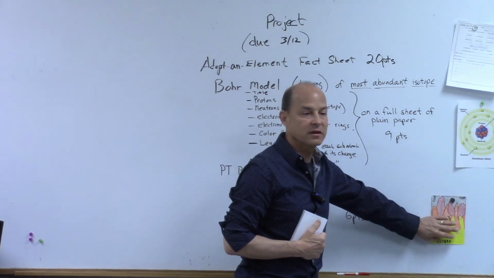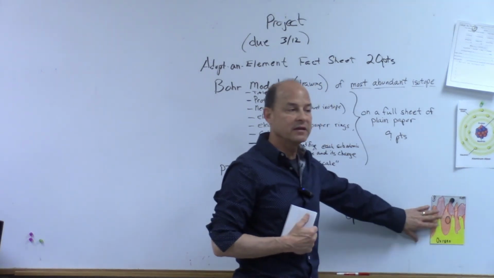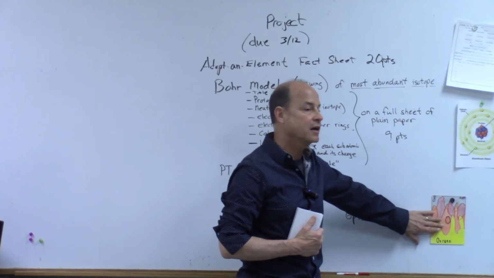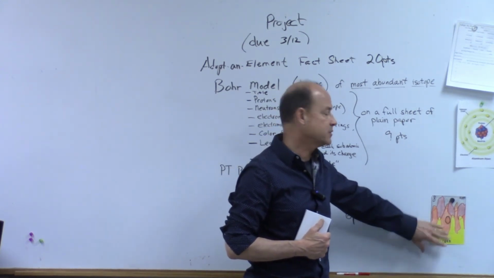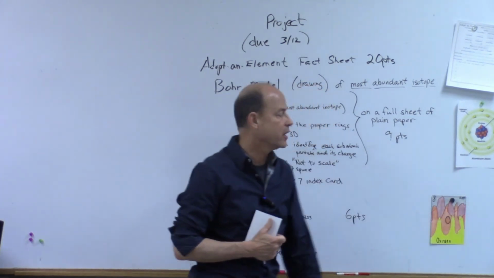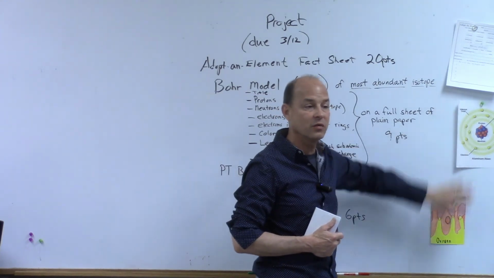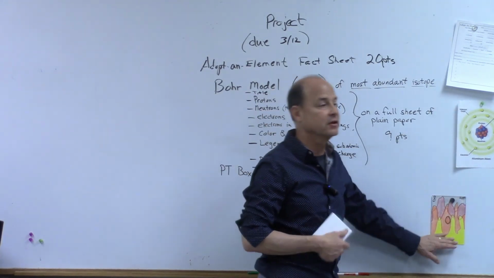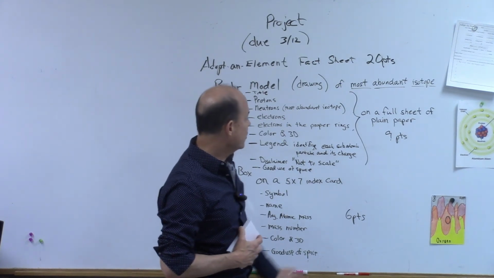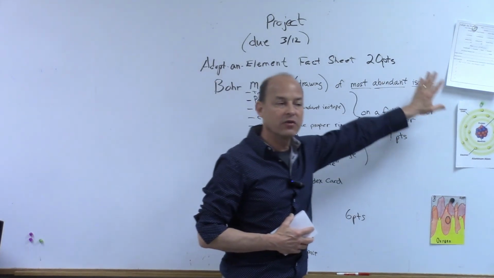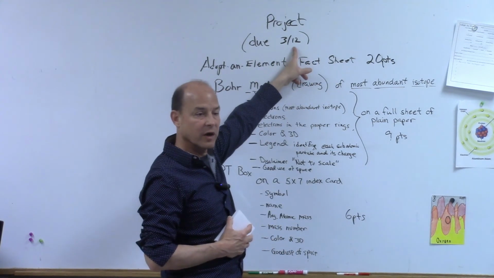And give me some color. A lot of people made these kind of thematic. So oxygen is an oxidizer. It causes fire to burn brighter. So that's why there's a little fire theme going on there. So you might find some interesting things about your element that you want to include as design elements in your PT box. Okay? So 35 points, 3 things that you need to turn in to me before we go on spring break.